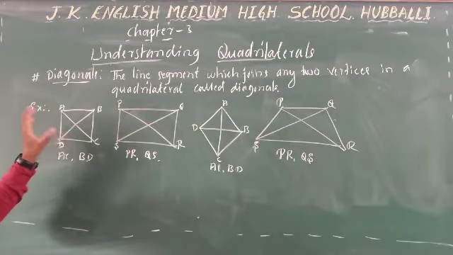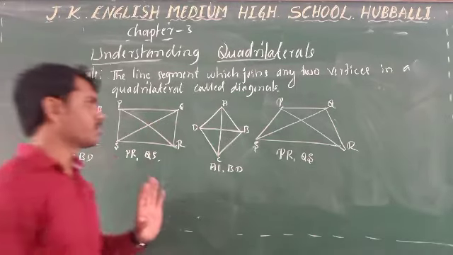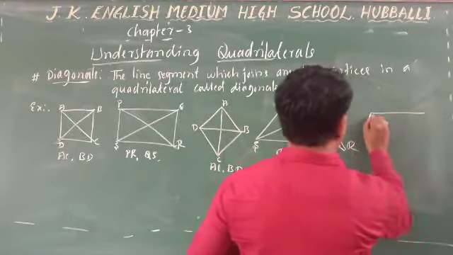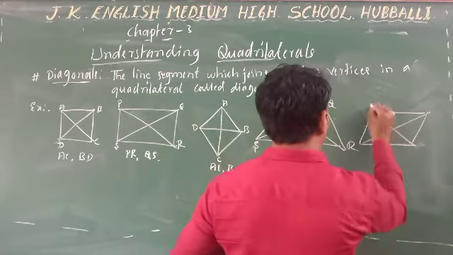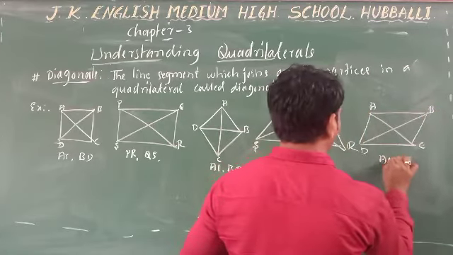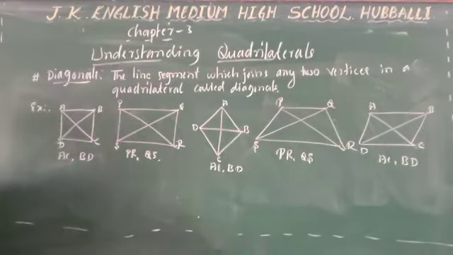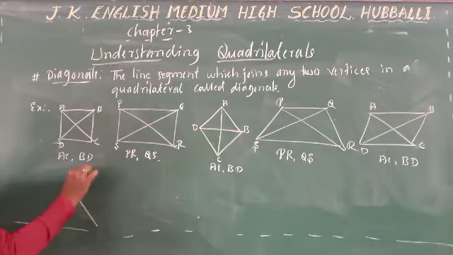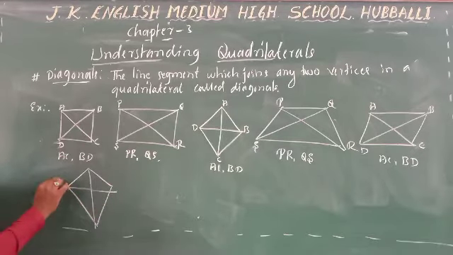Clear, children? So these are the quadrilaterals because exactly they are having 4 sides. We'll take one more, parallelogram. So this is parallelogram, one side, two sides. A, B, C and D. AC comma BD is the diagonal. Next we can take the kite. Kite also has two diagonals.